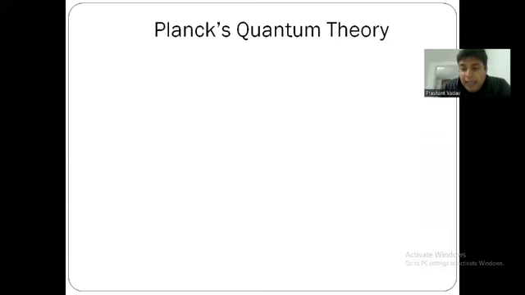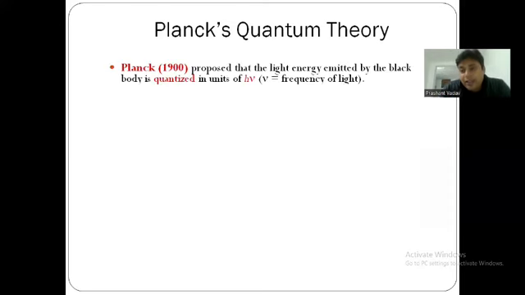Planck basically describes that energy is quantized, meaning energy is emitted and absorbed only in terms of packets or bundles, and every packet or bundle has the energy h nu, or a multiple of h nu, where E is equal to n h nu, where n is any positive integer.